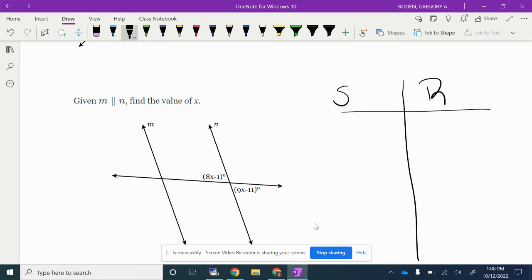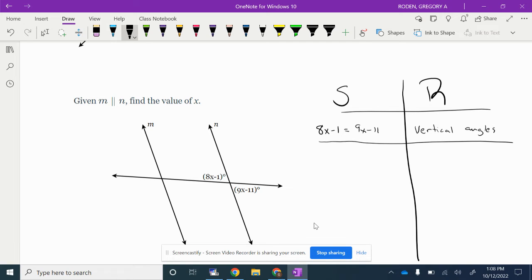What's the first statement? 8x minus 1 equals 9x minus 11. And why is that true, Gunner? Vertical angles are equal or congruent. Vertical angles. And all you have to do is write vertical angles. That's all I need. You guys understand that?